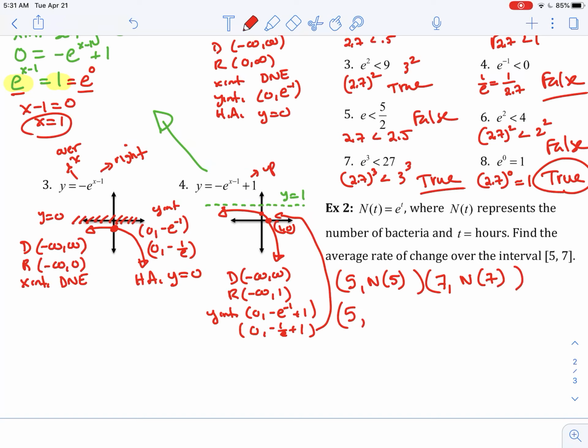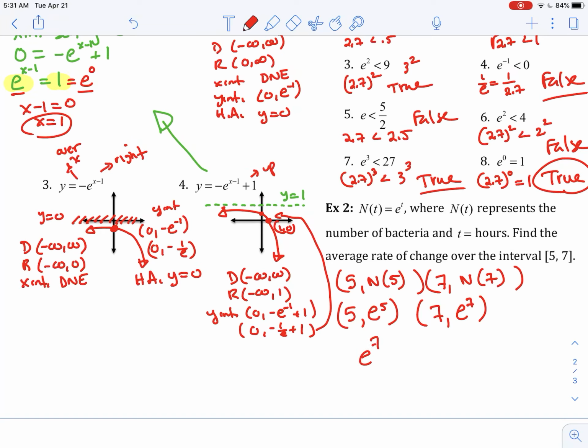So if I have 5 and I plug that into my N of t, I'm going to get e to the 5. And if I take my 7 and I plug that into N of t, or N of 7, I'm going to get e to the 7.